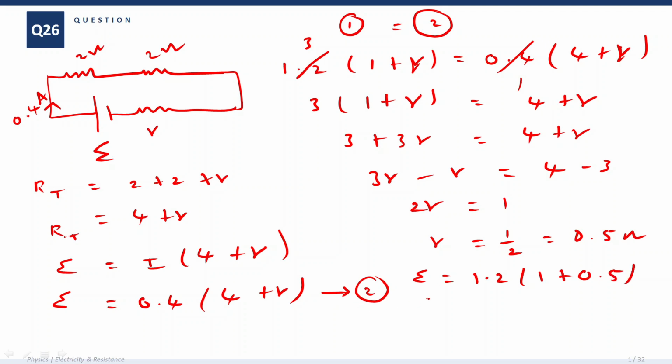Then epsilon equals 1.2 times 1.5 multiplied, you will get 1.8 volt. This is the electromotive force. We found it.